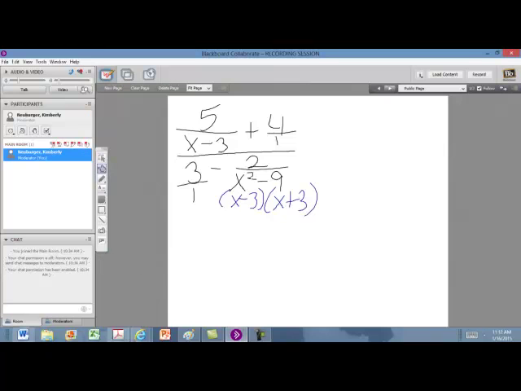Since this x minus 3 was in both the top and the bottom of this entire expression, so there was something in common with the common denominators up here and down here, I would suggest using the second method. It'll be much easier.